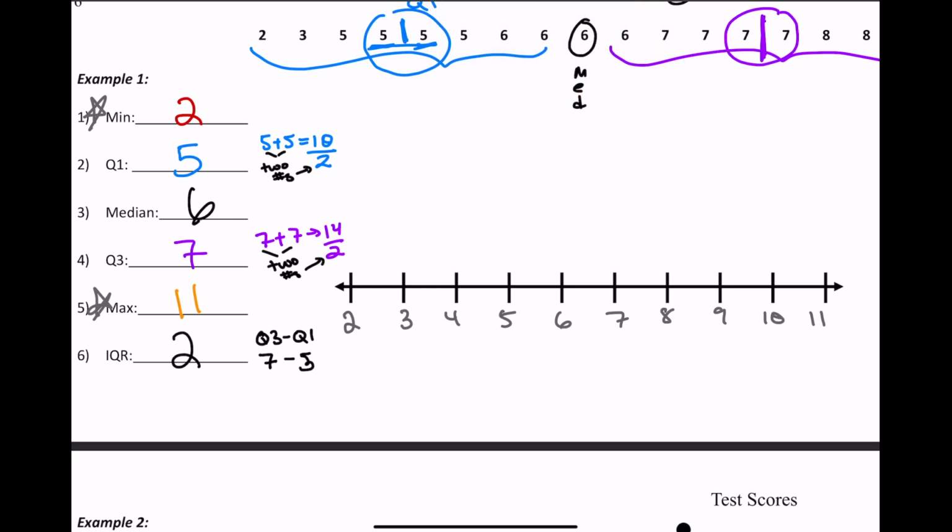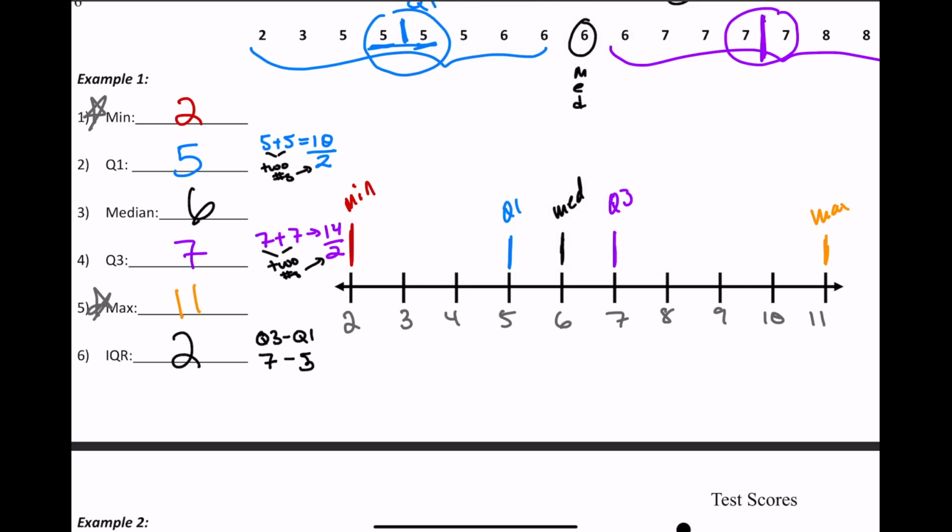So let's start with our minimum. So our minimum is the first line we'll draw. Then we have Q1, which was this 5. Then we have our median, which was 6. And then we have 7, which was our Q3. And then last but certainly not least is our maximum, which was in orange here.